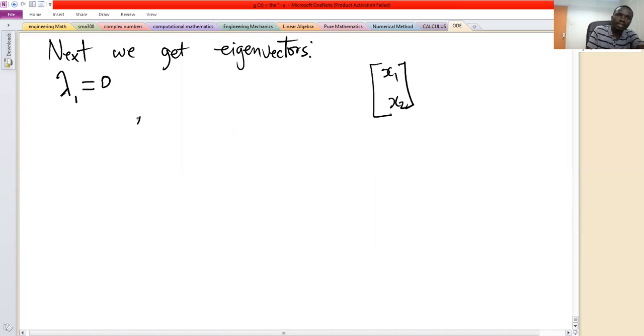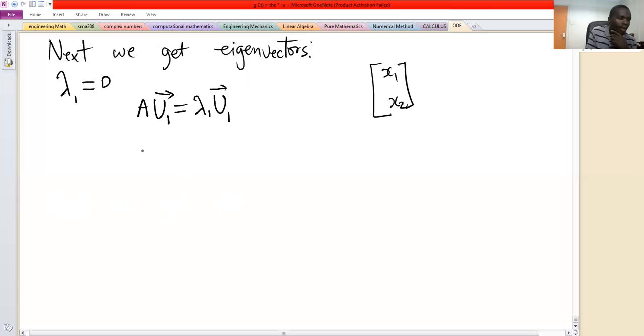We know that the eigenvector-eigenvalue equation is of the form A u equals lambda u. Because we are dealing with lambda 1, we say A u1 equals lambda 1 u1.